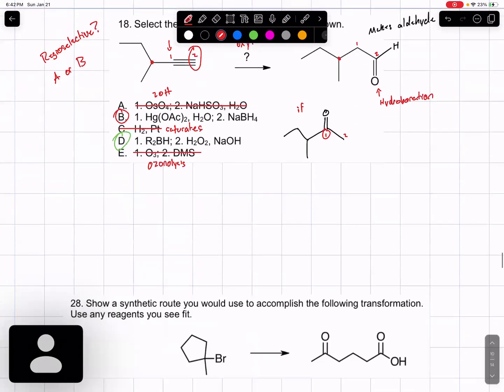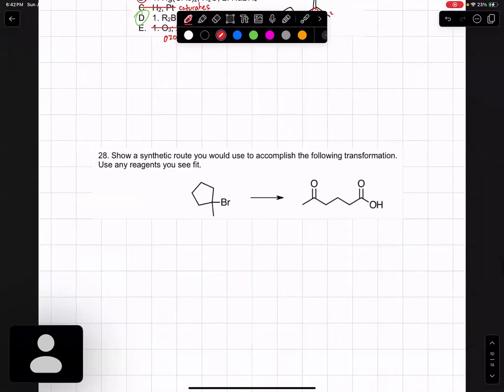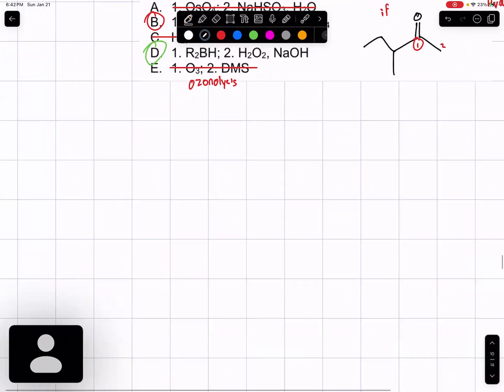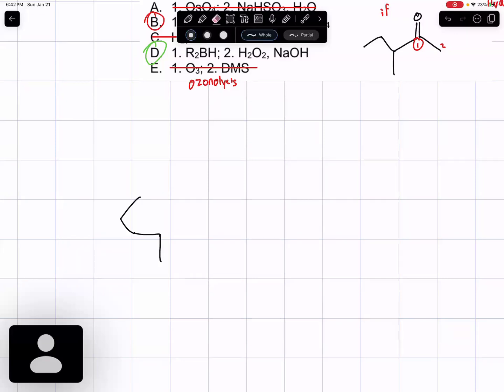Here, let me draw you a quick example. Let me make something up. If I had something like this, let me see how many carbons I could draw: 1, 2, 3, 4, 5, 6, 7. This is going to be a little ugly.